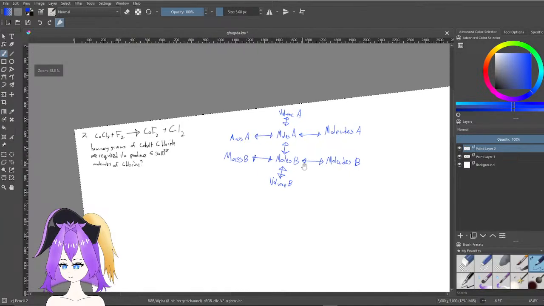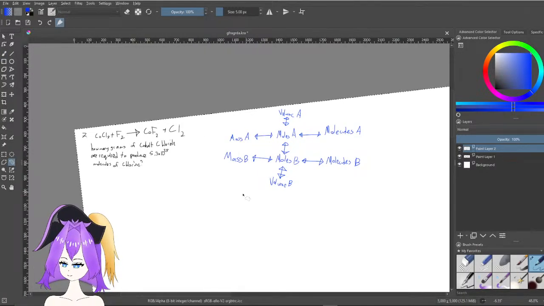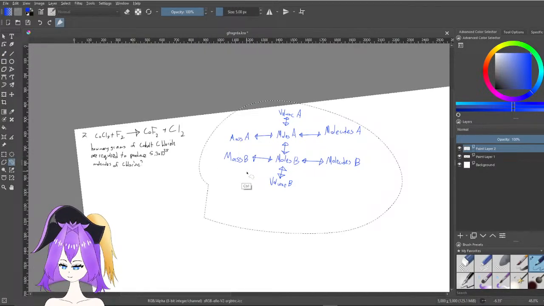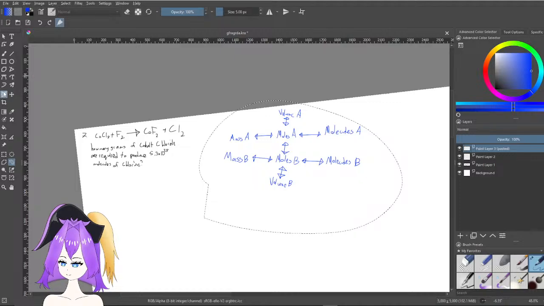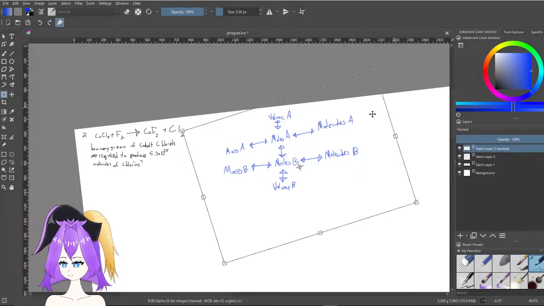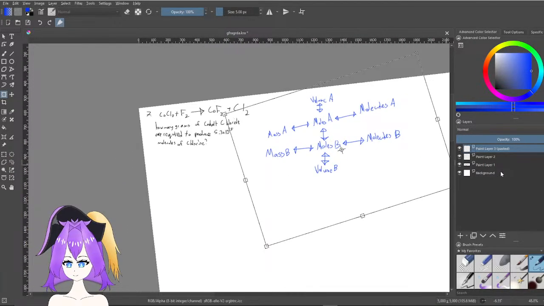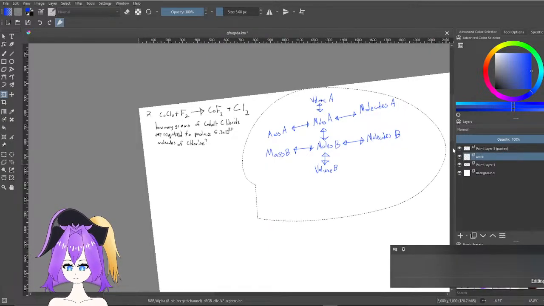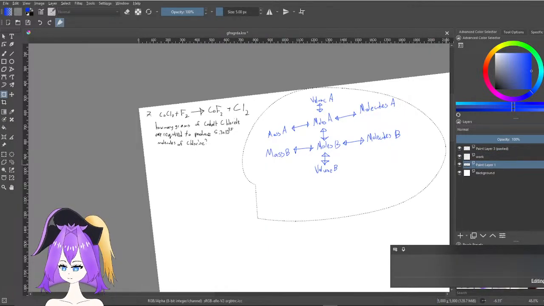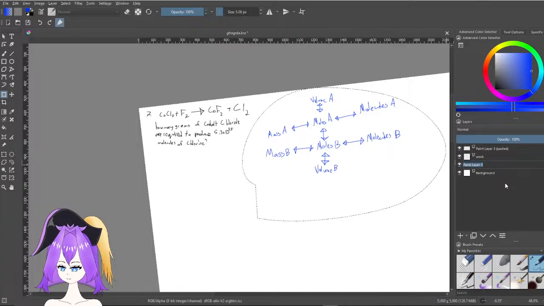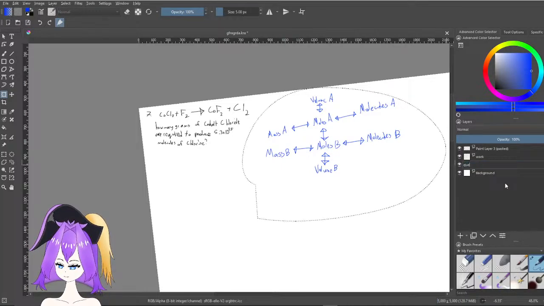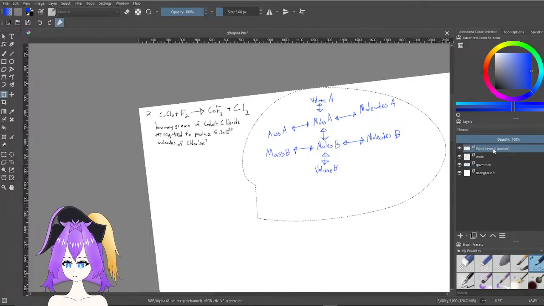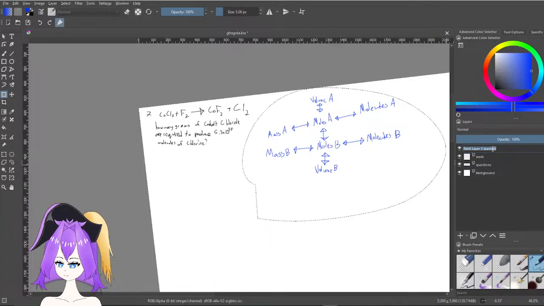Let me just grab this. Let's cut it, paste, and rotate this. Let's make this the work layer. Questions, and then other.